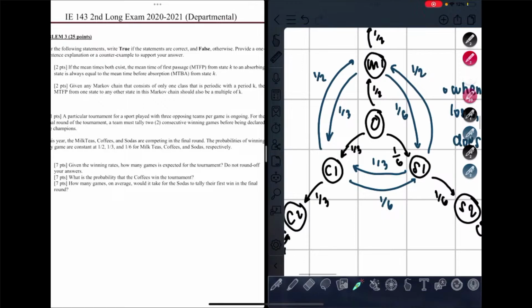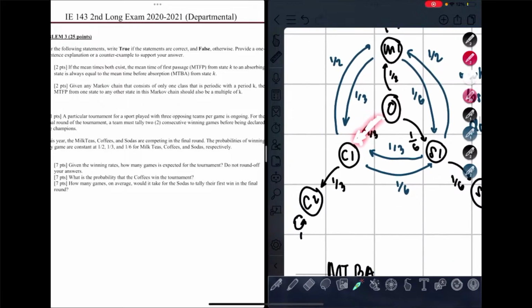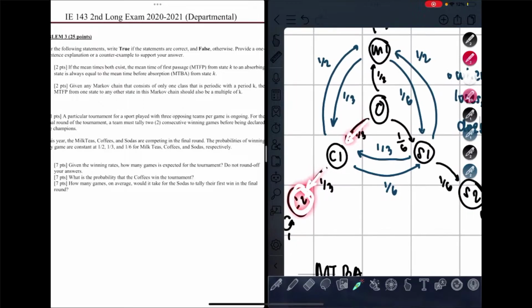Because if you think about it, you start here. Say you ended up at C1, so the coffees won the first game. And then they had a win streak, so they got 2 wins in a row. You end up here. This means you can never get to here, because in the thing you're modeling, the tournament is already over.